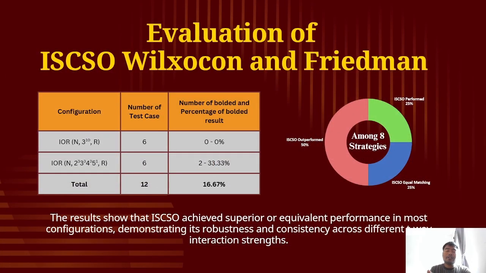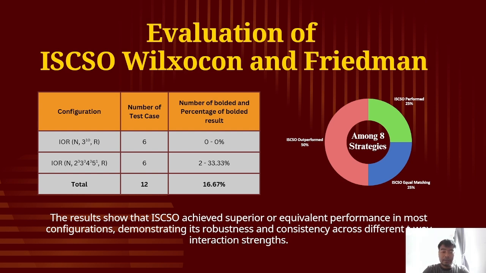For the evaluation, we made simpler data for you to understand. Among the number of test cases, 12 gives a percentage of 16.67%. Among the other strategies, ISCSO performed better in 35%, equal in 35%, and was outperformed in 50%.